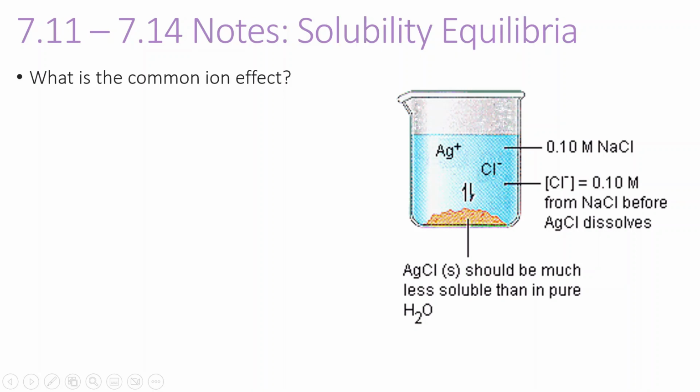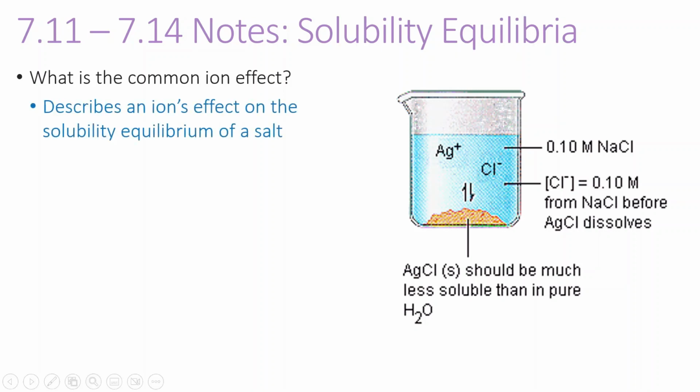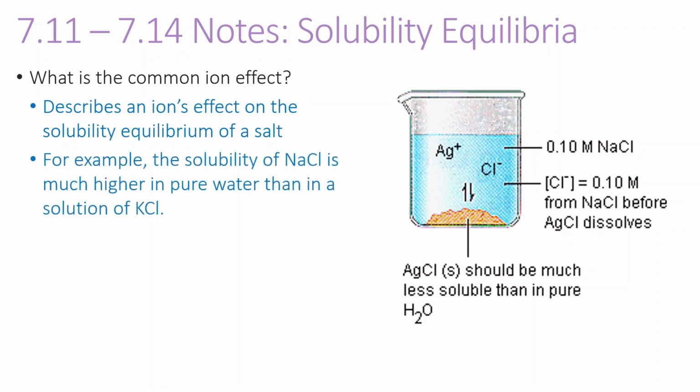So what is the common ion effect? This describes an ion's effect on the solubility equilibrium of a salt. For example, the solubility of NaCl is much higher in pure water than it would be in a solution of KCl.